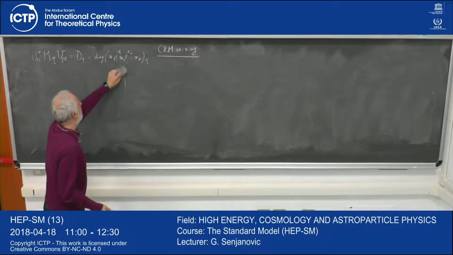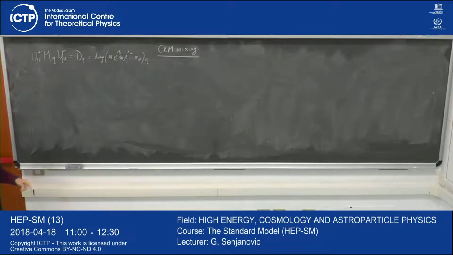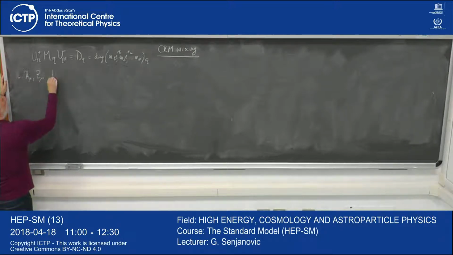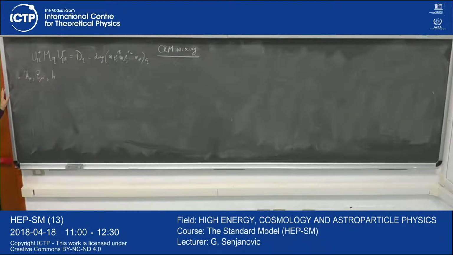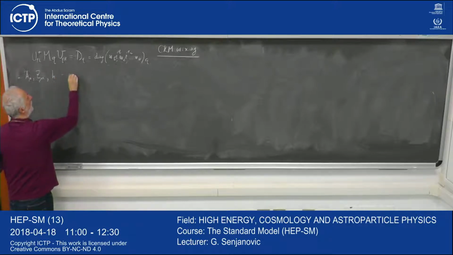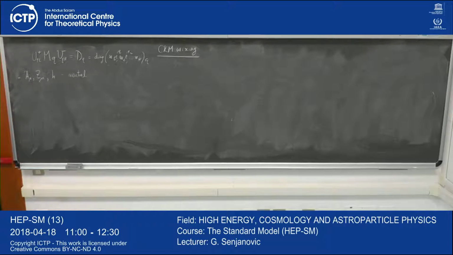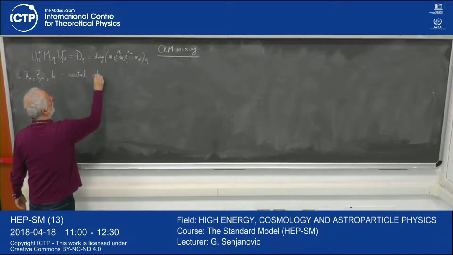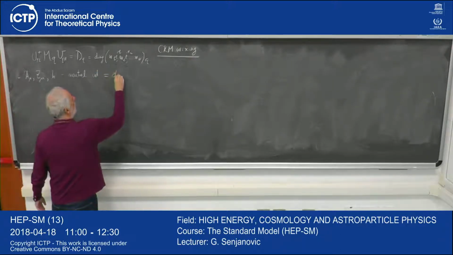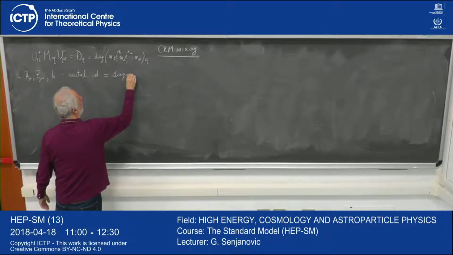Okay. So when the dust settled, what we learned is that the neutral interactions of the photon, Z boson and the Higgs, which we can call neutral current interactions, well, this is not a current really, okay, but anyway, neutral interactions, let's call them, are diagonal, no mixing.